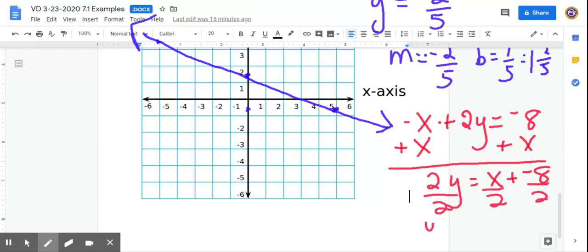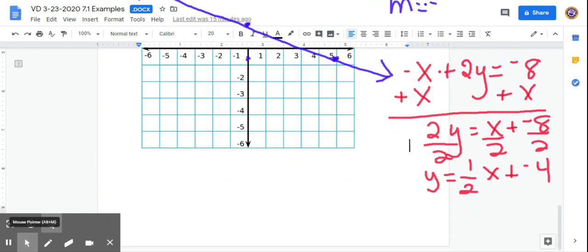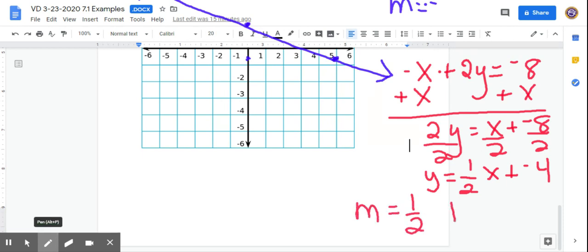And we're going to get y equals, what number is in front of that x? That's right, it's a 1. So remember, that's really 1/2 x plus -4. Okay, so now our slope is 1/2 and our y-intercept is -4.